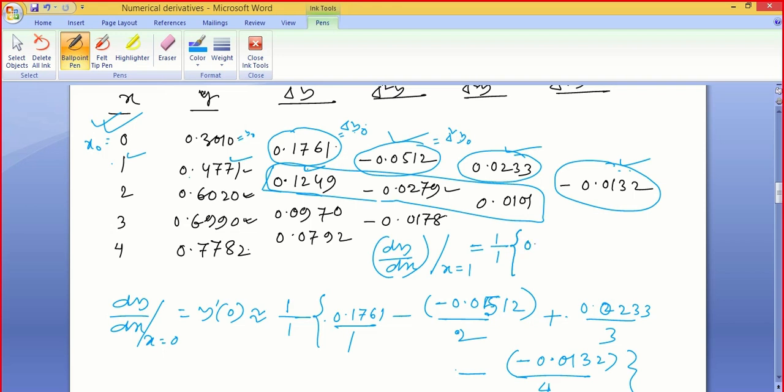Alternating series means 0.1249, first value, plus minus second difference by 2.